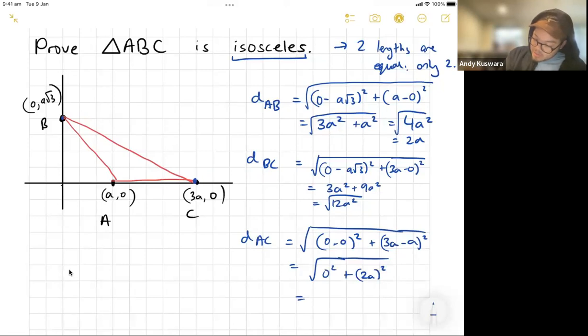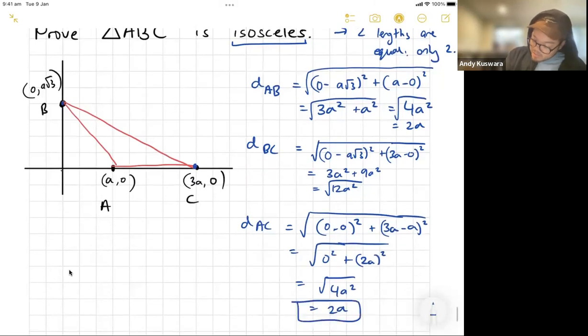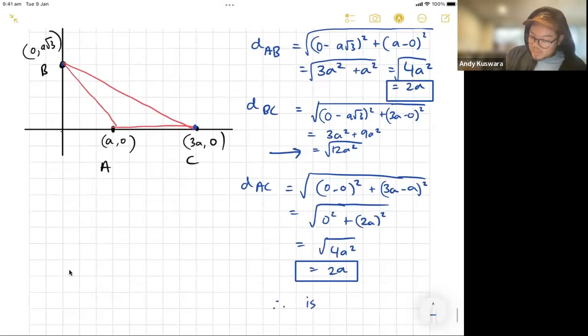That's going to be the square root of 4a squared, which is going to be 2a. So you can see, after we've gone through all that, two of your sides are the same. One of your sides is slightly different. Therefore, isosceles. Okay. Hopefully that makes a bit of sense.